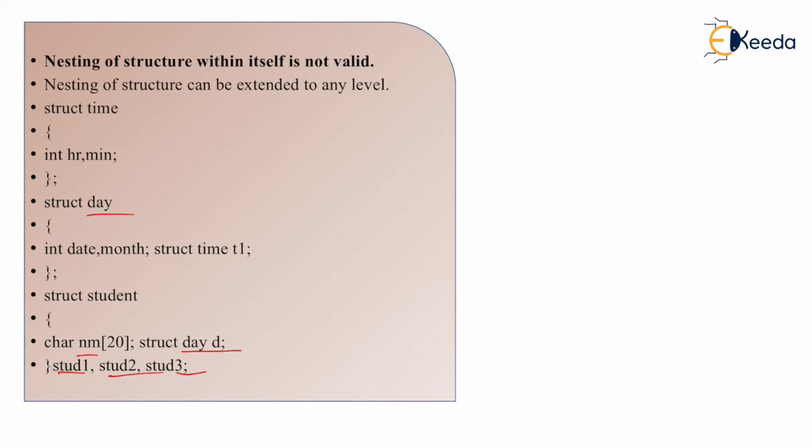Fine. So in struct student we are accessing day, and in day we are accessing time. So that is also possible. Are you getting it? With the help of stud1, stud2 and stud3, we are going to access student as well as day as well as time. So three structures we can access using one variable.